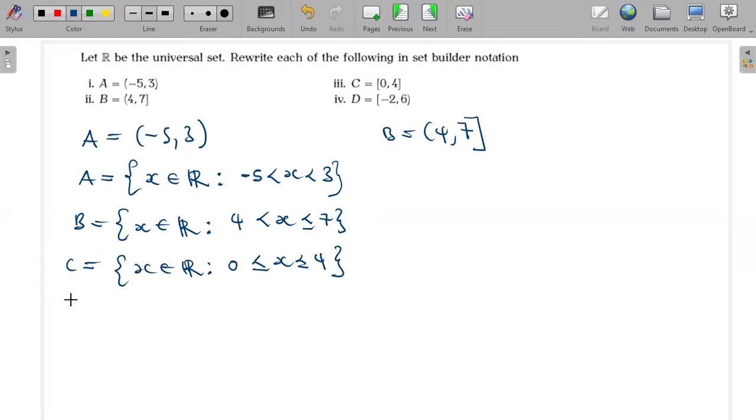And then the other one, D, is going to be equal to the set of x where x is a member of the real numbers, such that x is defined to be between negative 2, less than or equal to, because there's a closed bracket where D starts, and then x is less than 6, because there's an open bracket where 6 is. So this is how I would use set builder notation in order to find those results.